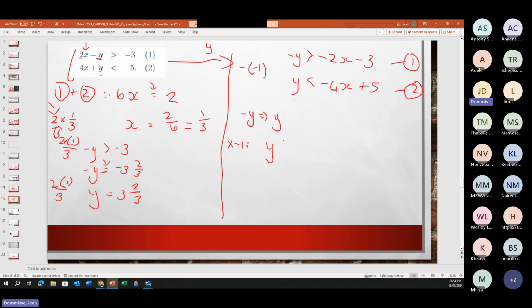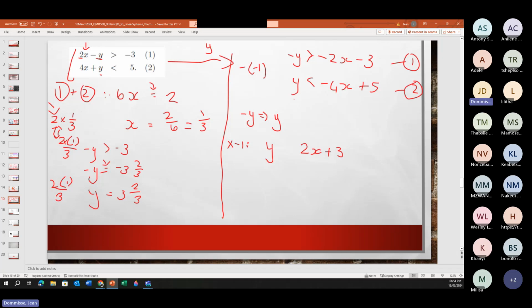Okay, now what is important? Minus 2x times minus 1 becomes 2x. Minus 3 times minus 1 becomes positive 3. So we've multiplied out everything to make the y positive.